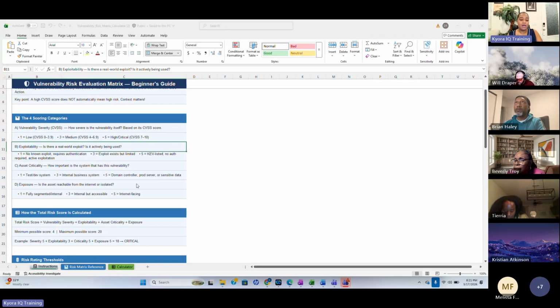And then we also have to evaluate what exposure that asset has. Is it fully segmented? I don't know if we necessarily talked about network segmentation, but is the network fully segmented? Let's say we have our medical devices.